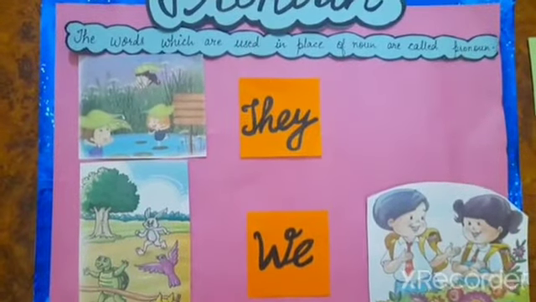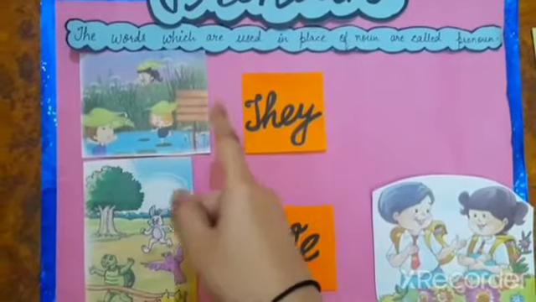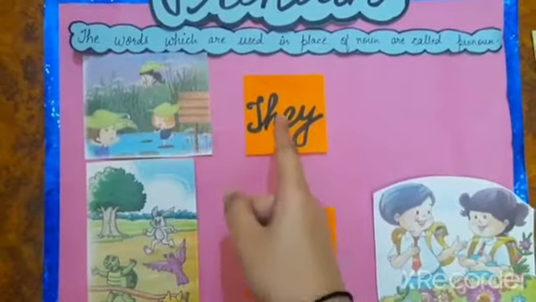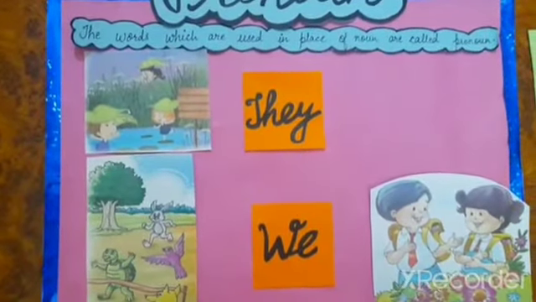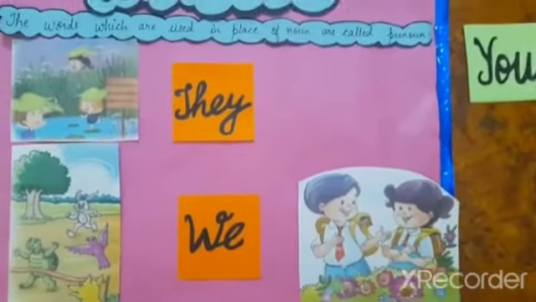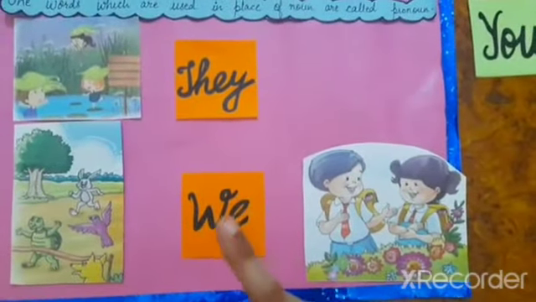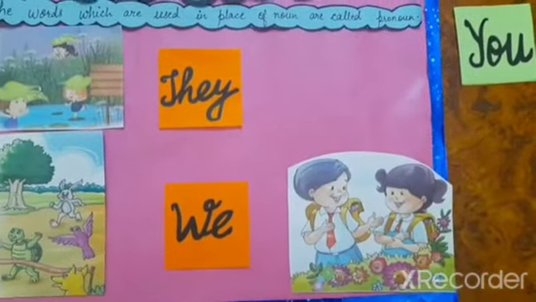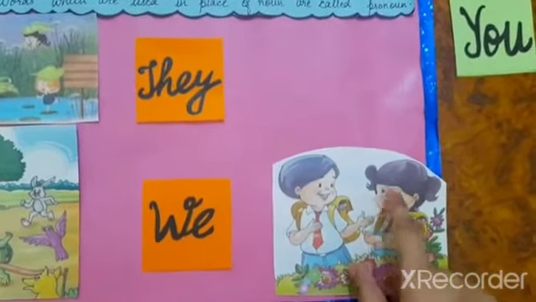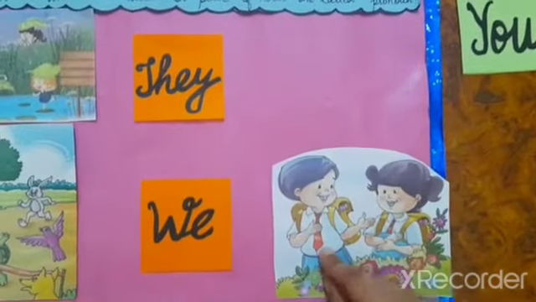We are going to use they. Okay? They are playing in rain. They are running. Okay? Now we are going to school. We are going to use we. Suppose this is me and my brother.